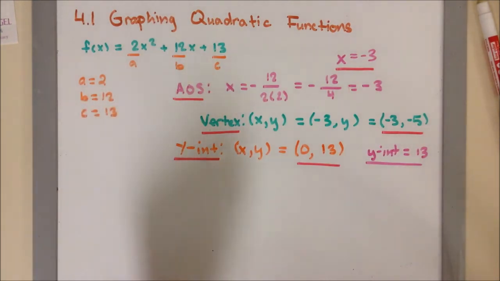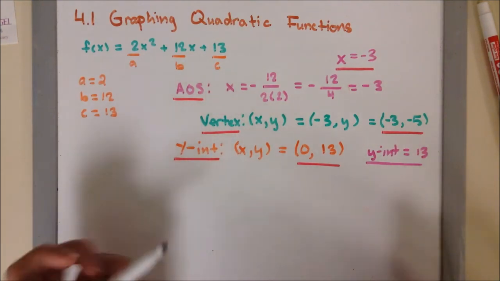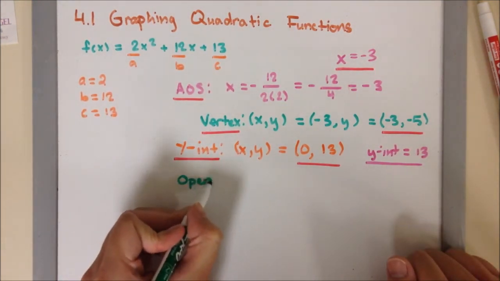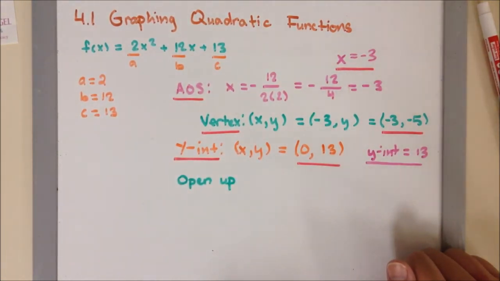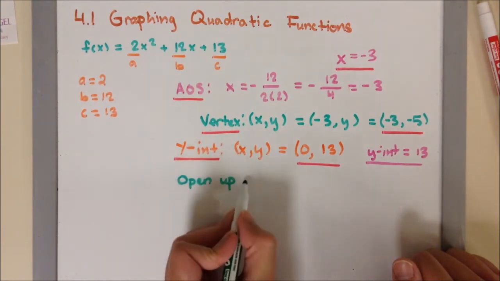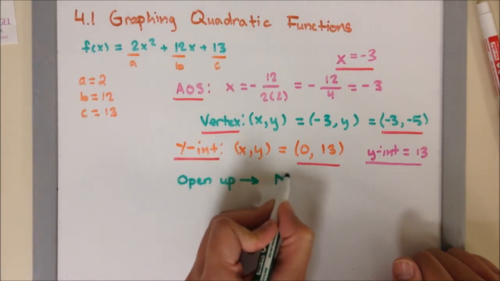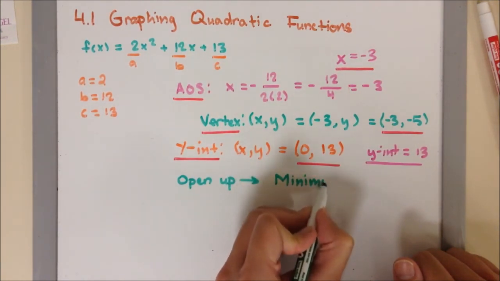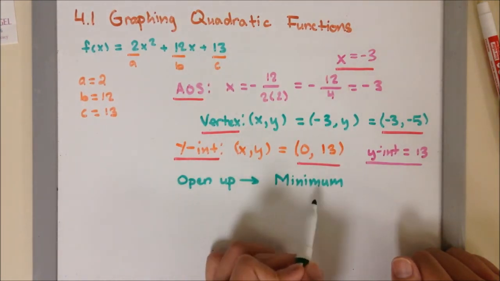Alright, next we're going to talk about if this is going to open down or up. Now, in this quadratic function, it's going to open up. Now, if it opens up, that means there's going to be a minimum. So I repeat, if it opens up, there's going to be a minimum.